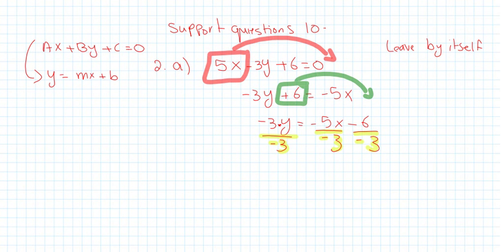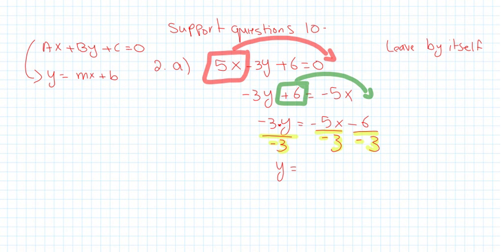So let's simplify. If I divide by negative 3 here, what would I be left with? Y. So y equals negative 5x over negative 3. Can I simplify 5 over 3? No, it doesn't divide equally. But what did we say about division?